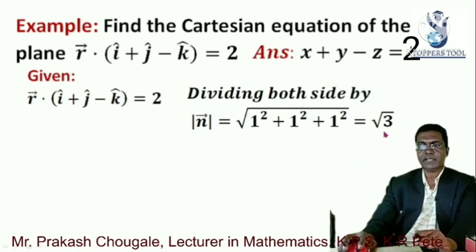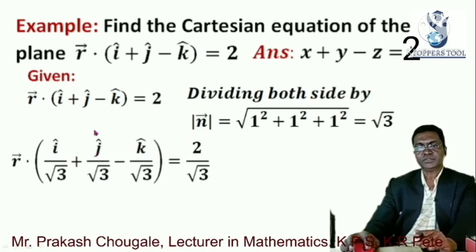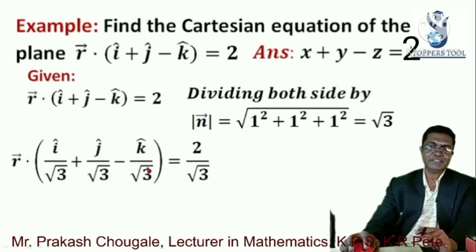So divide throughout by its magnitude, then only it becomes a unit vector. So dividing throughout by root 3, what will you get? It is i by root 3, j by root 3, k by root 3, equal to 2 by root 3. Now this is your unit vector, this is your n cap, because you are dividing this vector by its magnitude. So if this is your n cap, then definitely this is your distance d.